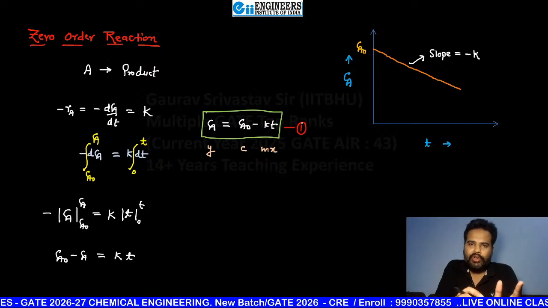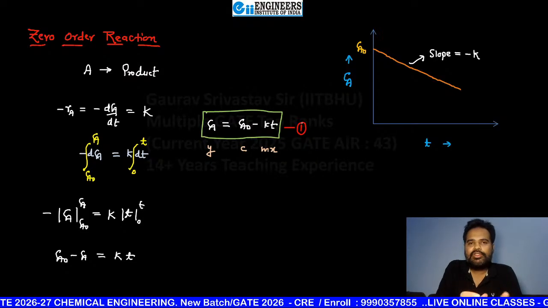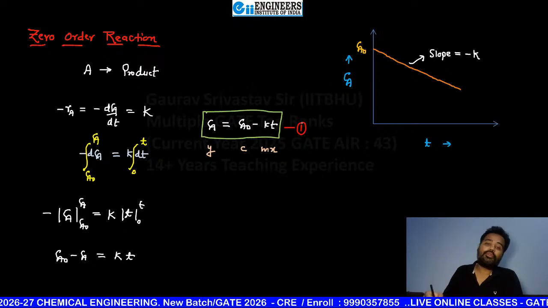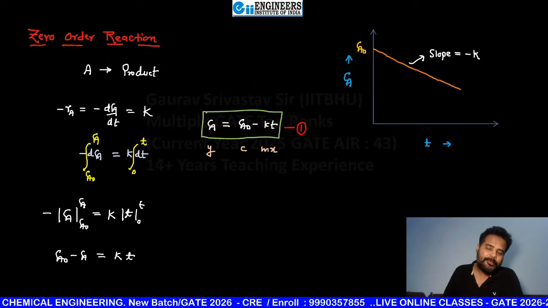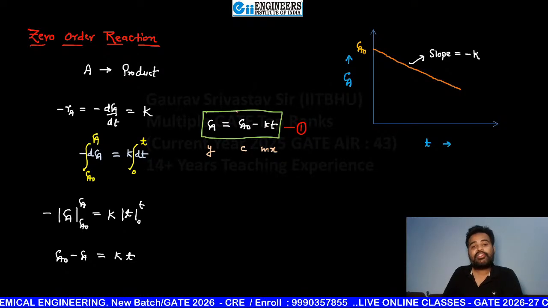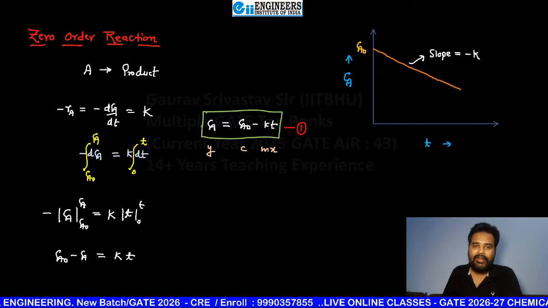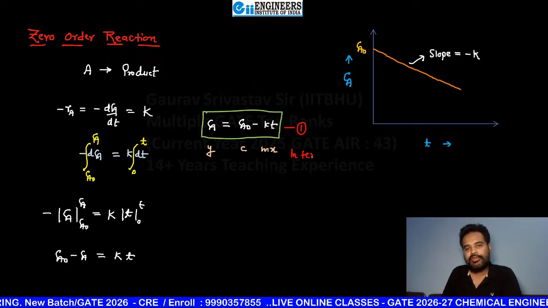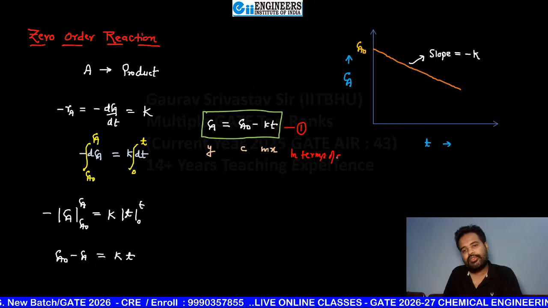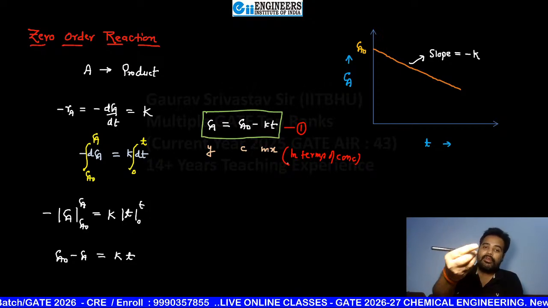Like if a zero order reaction is there, the reaction rate constant value k is given, C A naught is given, then what is the concentration of A after this time? So you just have to put C A naught, K, and T, and you will get the value of C. Okay, and this equation number 1 is the final expression showing the dependence of Ca on time t in terms of concentration. Suppose I ask you to write it in terms of conversion.